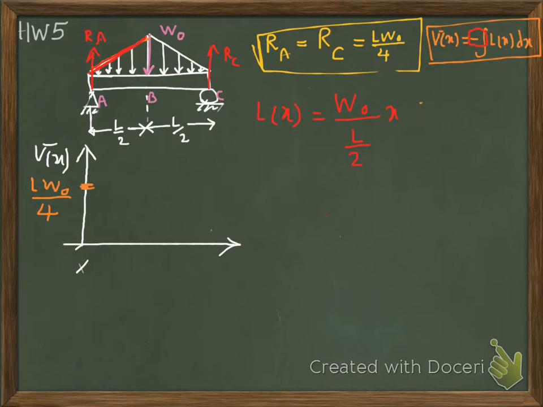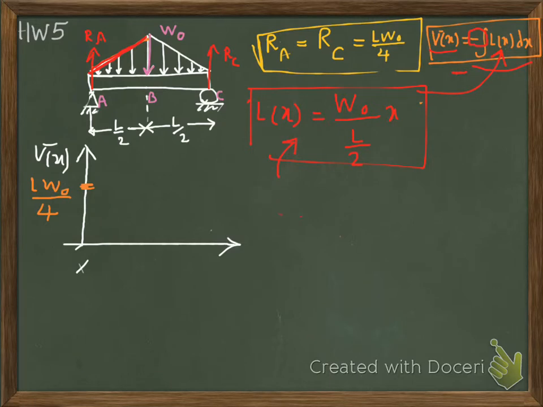So that is what we are going to put right there, and then integrate it, not dropping the negative, and then find the V of x. That's what I'm doing right now. You can keep that on your paper, you can do all this on your scratch paper, I don't care. Let's find it.